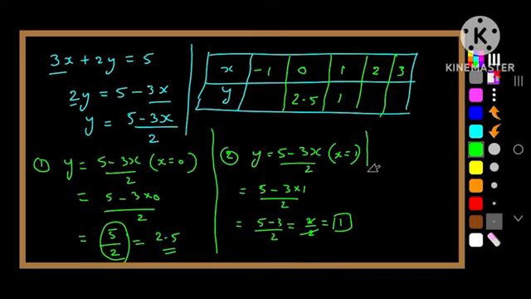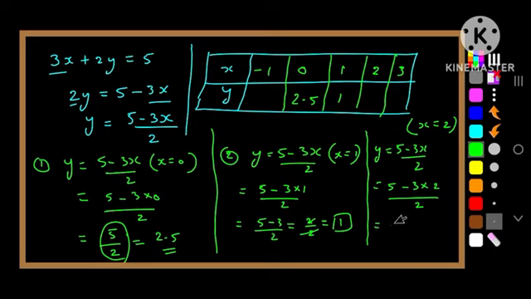So similarly I'll find out for x is equal to 2. I'll write the equation y is equal to (5 minus 3x) by 2. Here x is equal to how much? I'm taking 2. So (5 minus 3 into 2) by 2, so (5 minus 6) by 2.